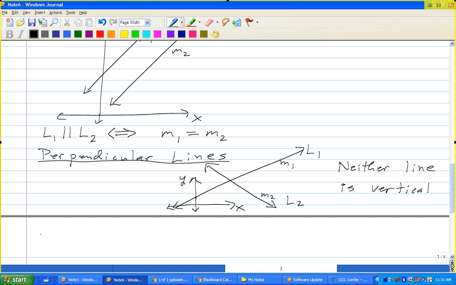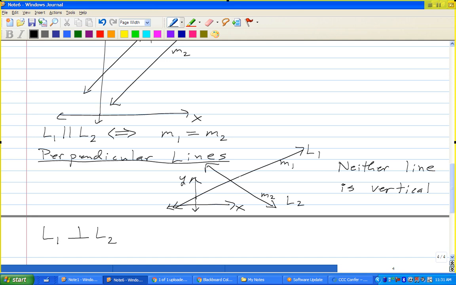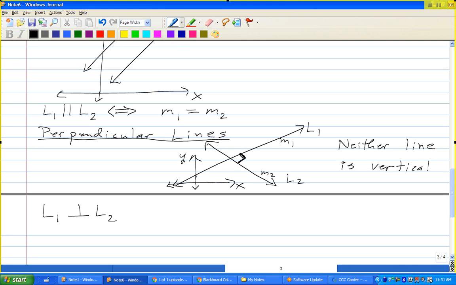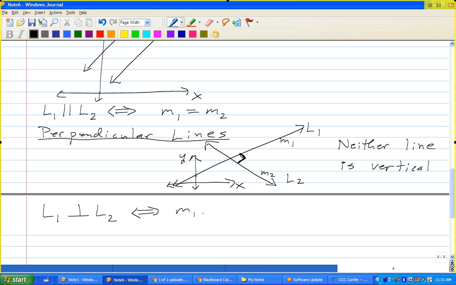Then two lines, L1 and L2, would be perpendicular if they intersect at one point, and at that point of intersection, they intersect at a right angle. Well, two lines are perpendicular if and only if the product of their slopes is -1.